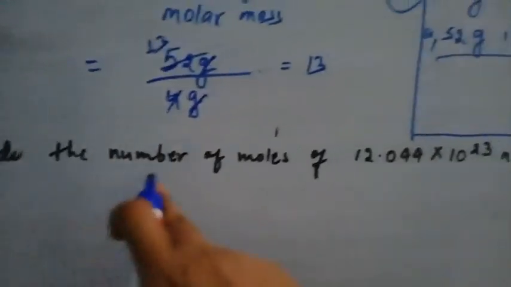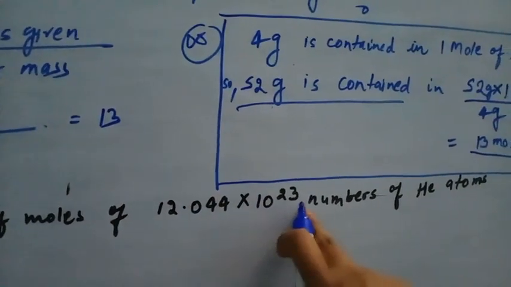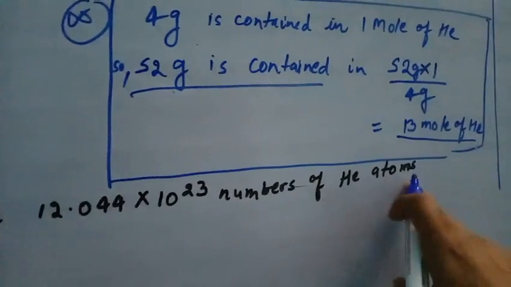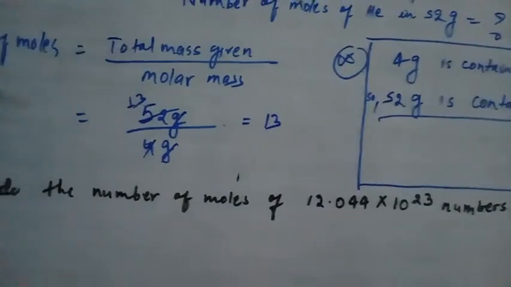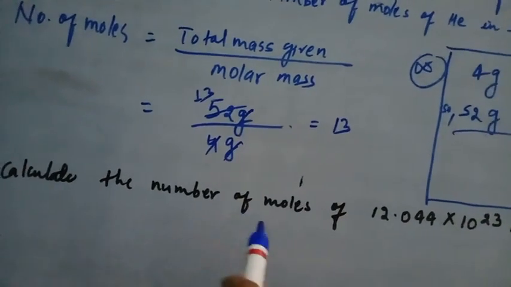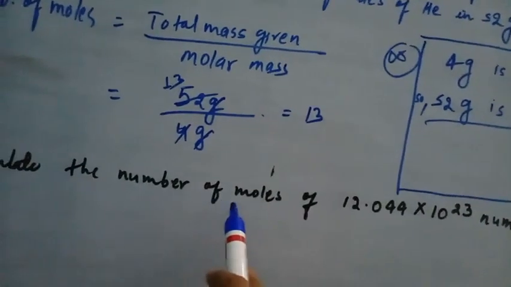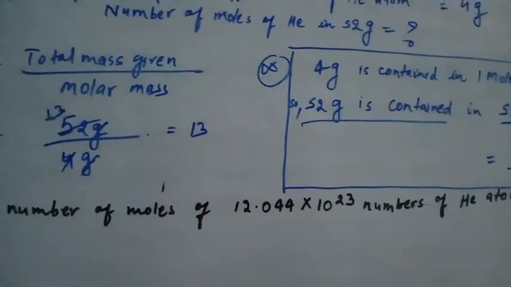Okay. Now the second question is: calculate the number of moles of 12.044 into 10 to power 23 helium atoms. It is asking how many moles are present in this many helium atoms.